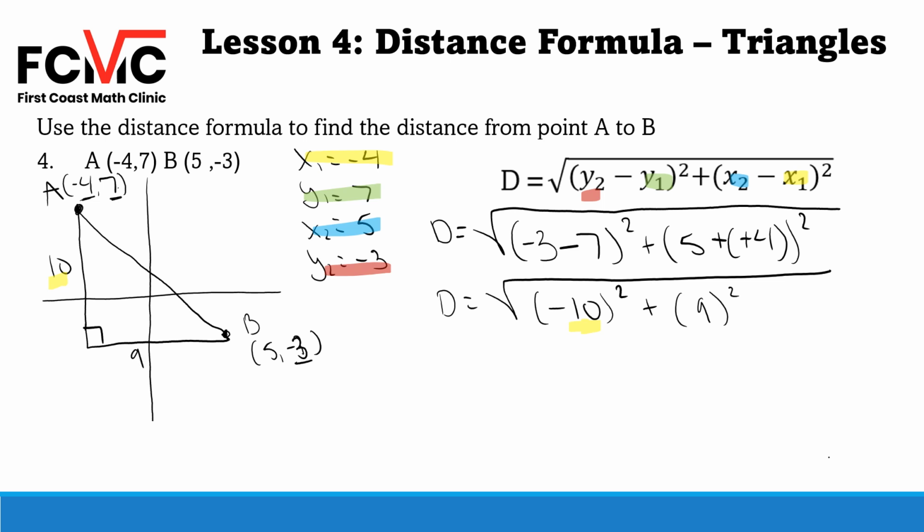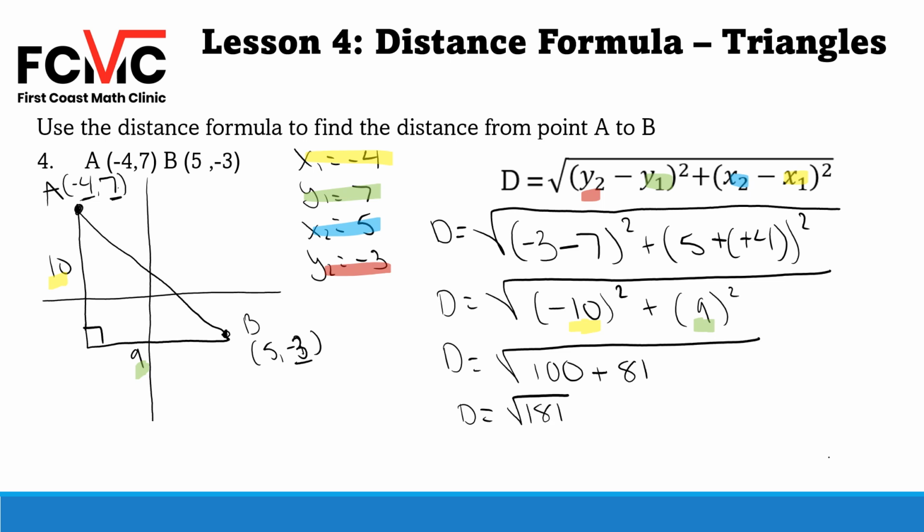So that difference is 9, which is this value right here. All right, so let's simplify this. Negative 10 squared is 100, plus 9 squared is 81. So we get the square root of 181.